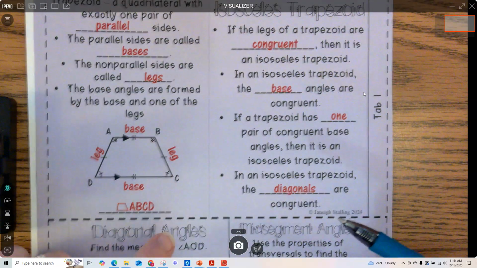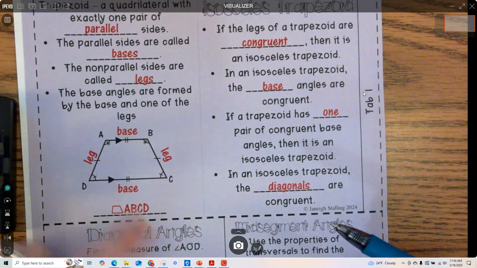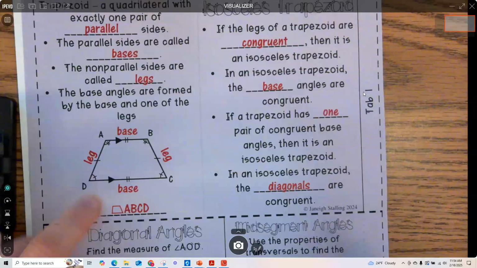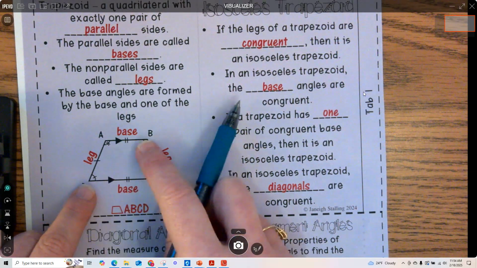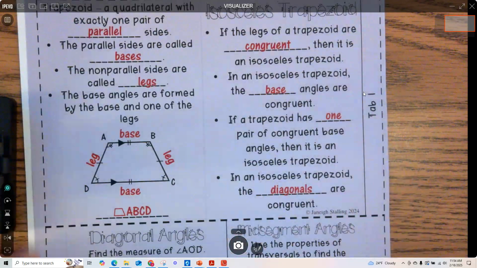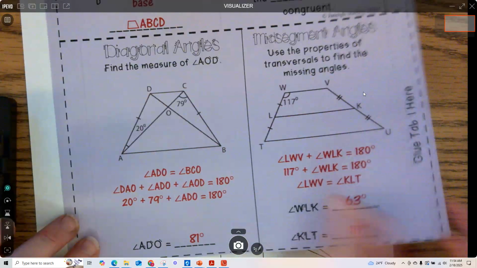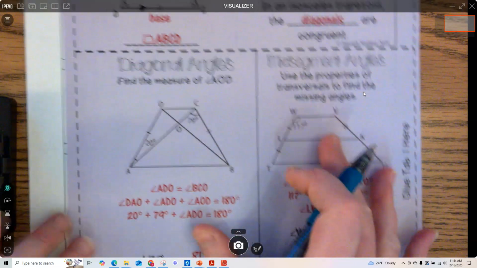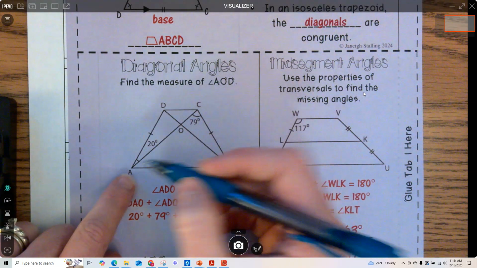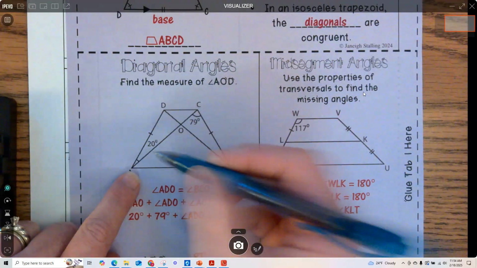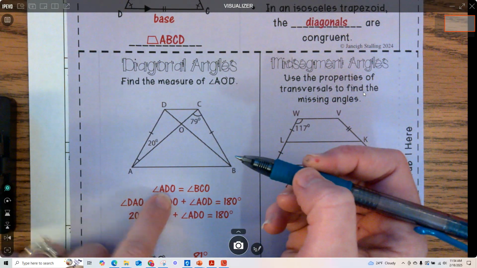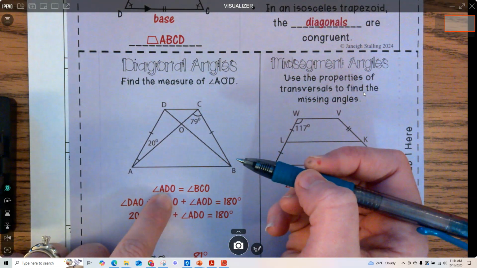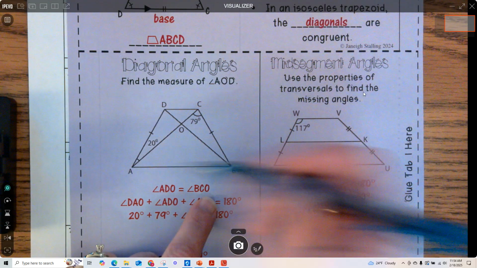And then in an isosceles trapezoid, the diagonals are congruent. So from corner to corner, those are going to match up. All right, so the angles in these, the diagonal angles. We've got the triangle going on again, but this says angle ADO is the same as BCO.